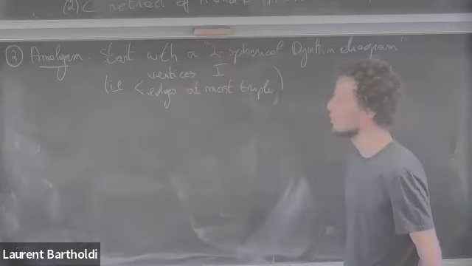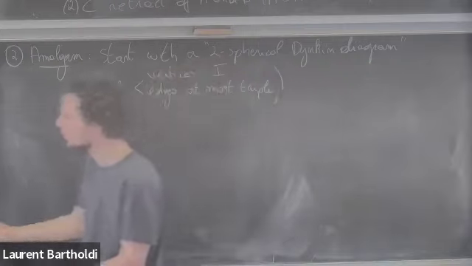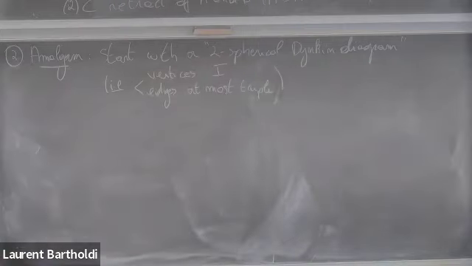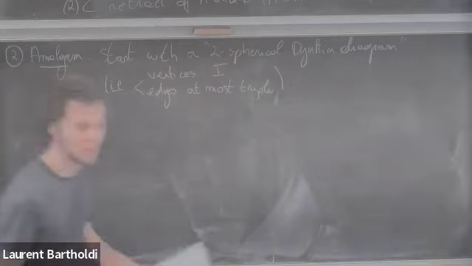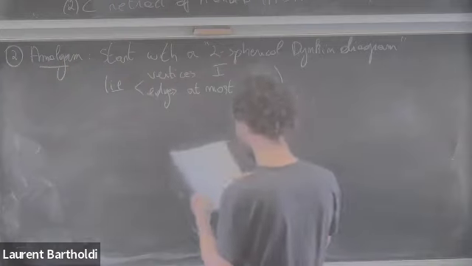So either you have no edge between two vertices, or you have a simple edge, or a double edge with an arrow, or a triple edge with an arrow. And you can construct any graph you want of this form.